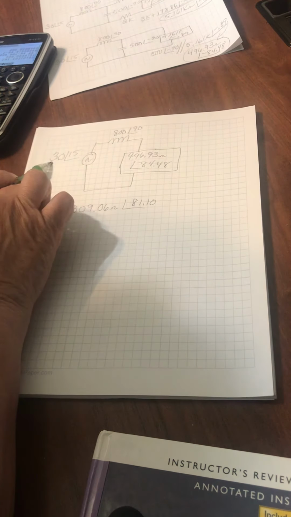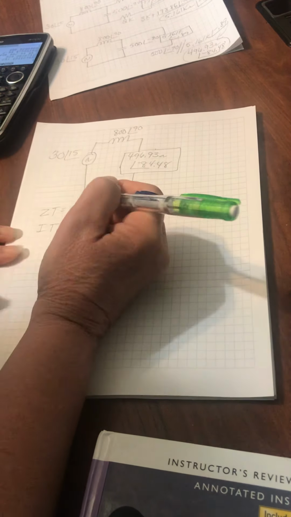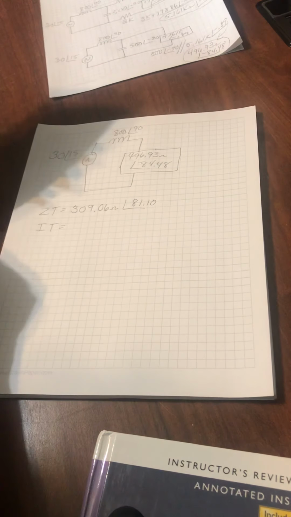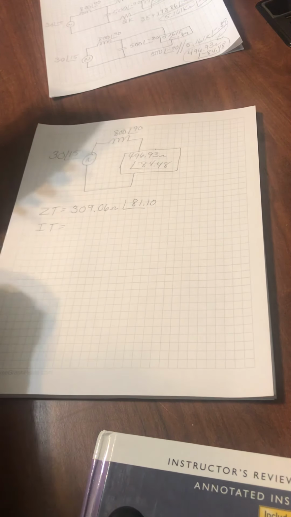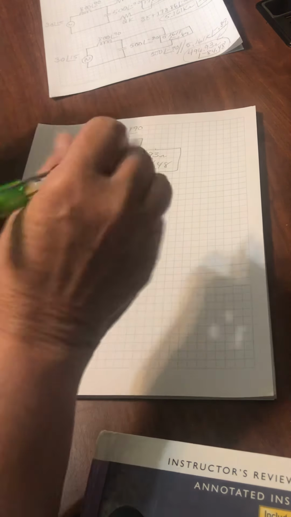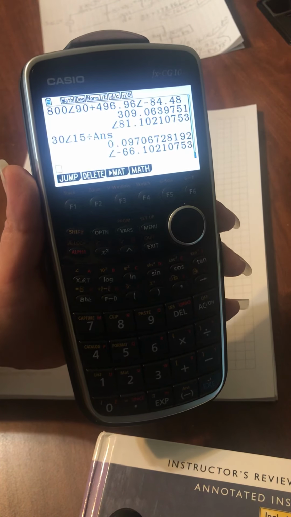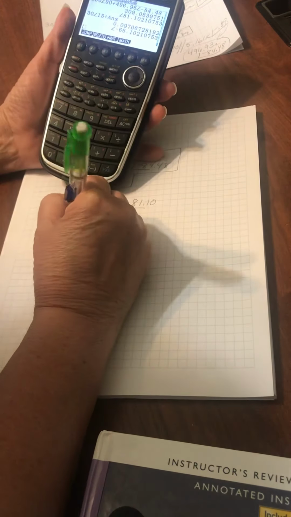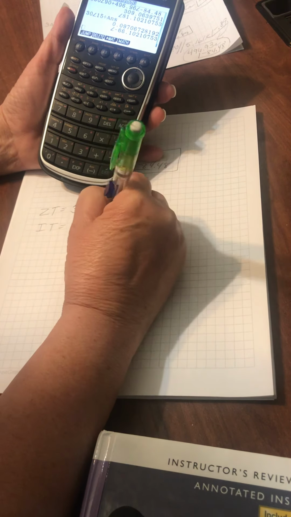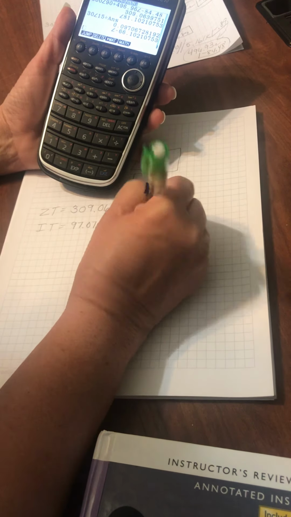Well, it's 30 at 15 divided by Z total. So when I take 30 at an angle of 15 divided by that Z total, I get this. You have to move the decimal place over 3. So it's 97.07 milliamps at an angle of negative 66.10.